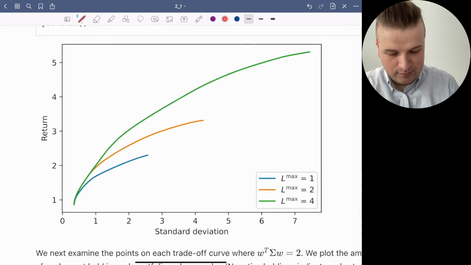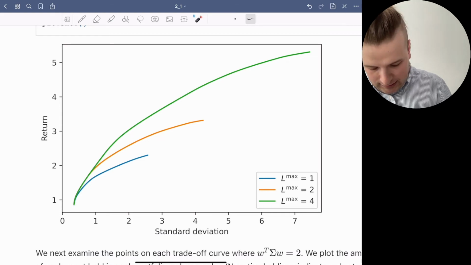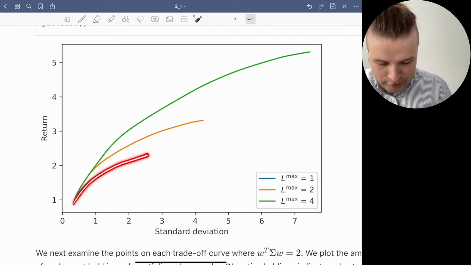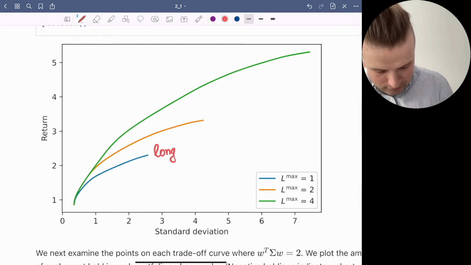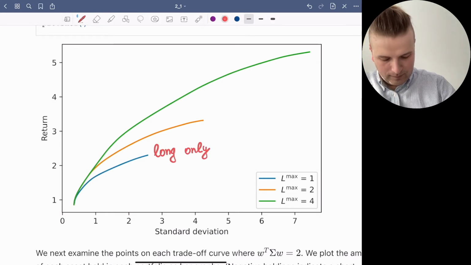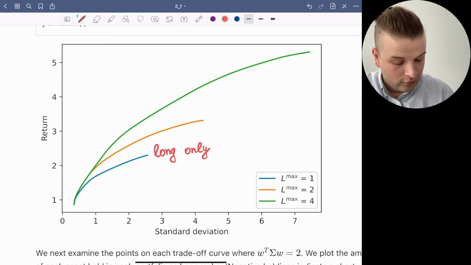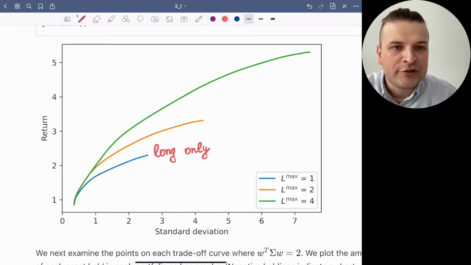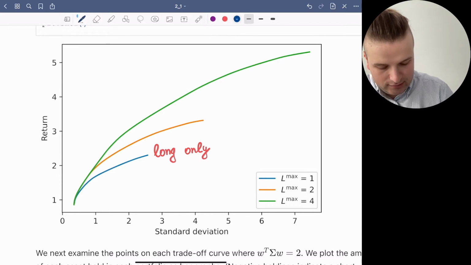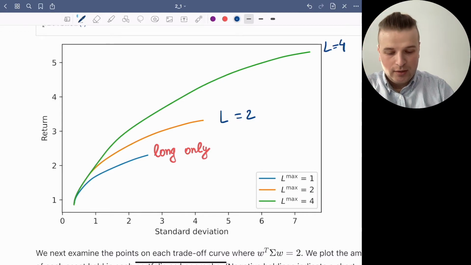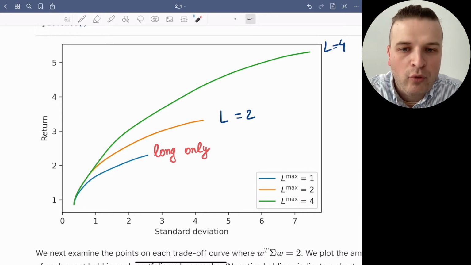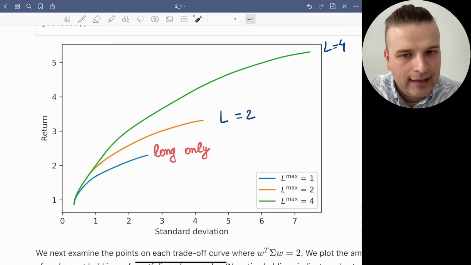Yeah, that's pretty much it. Here is the long only portfolio. With increasing leverage limit, here is L equals 2, here is L equals 4, you're increasing both risk and return.